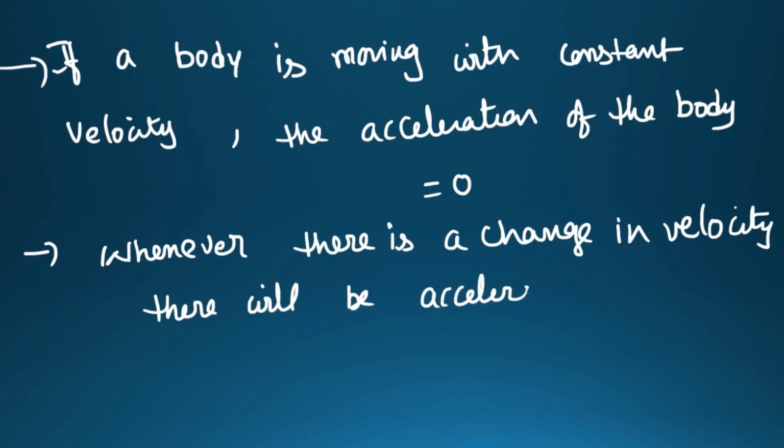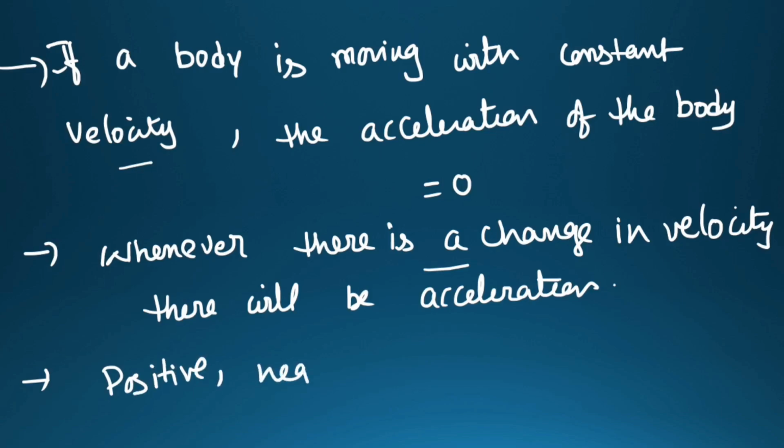That means the body experiences acceleration whenever there is a change in velocity. If a body is moving with constant velocity, the acceleration of the body will be zero. Here, the acceleration may be positive, negative, zero.